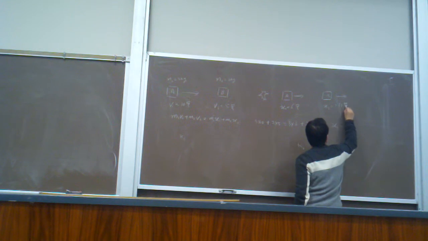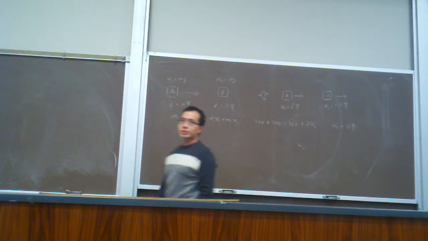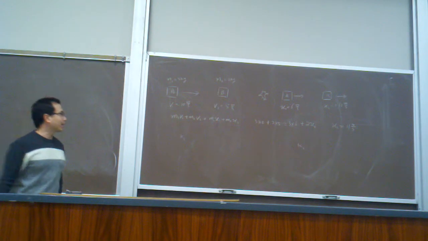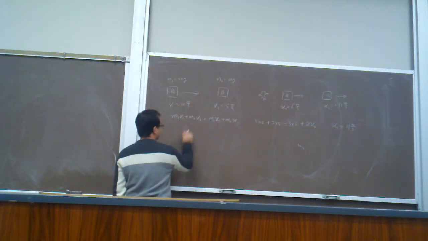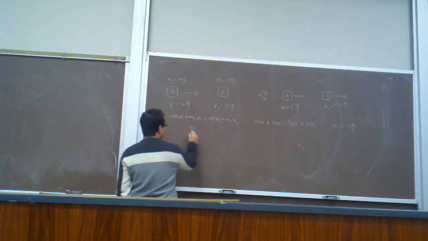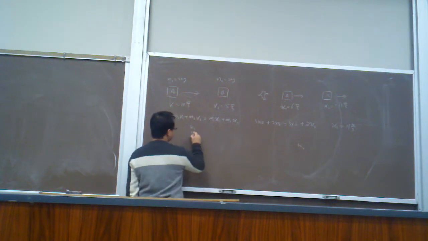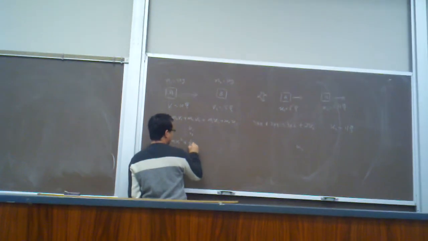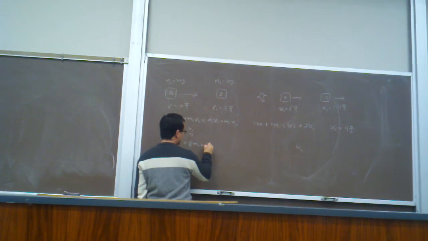So that's u2. Now, knowing all these velocities and masses, we can calculate K initial and K final. K initial should be 1/2 m1v1 squared plus 1/2 m2v2 squared.